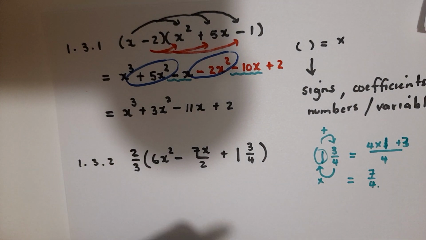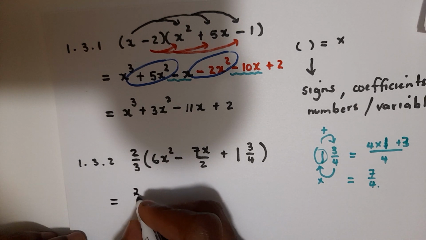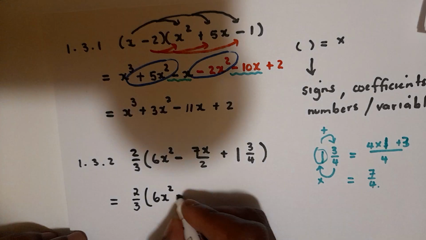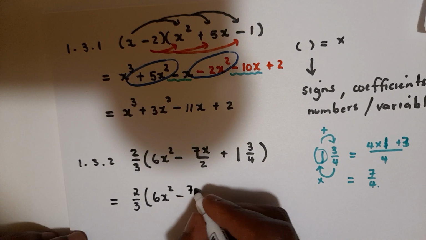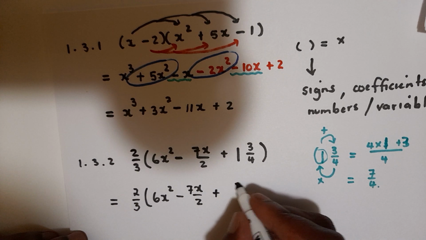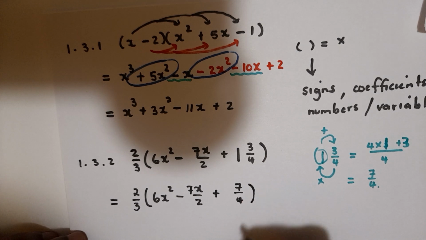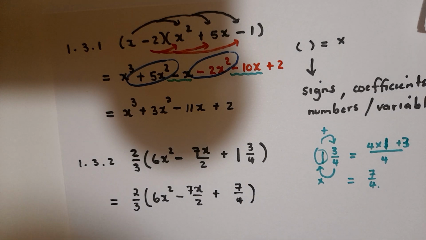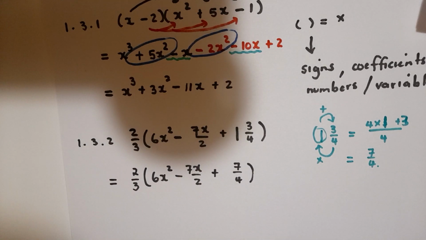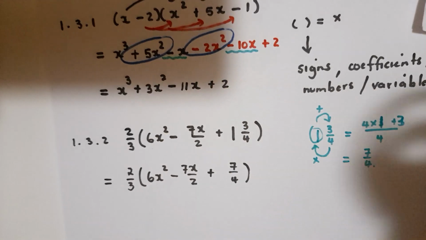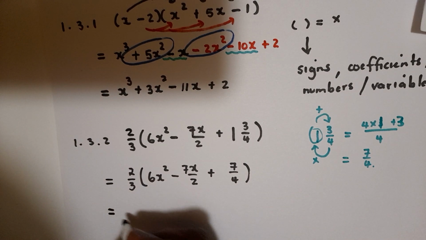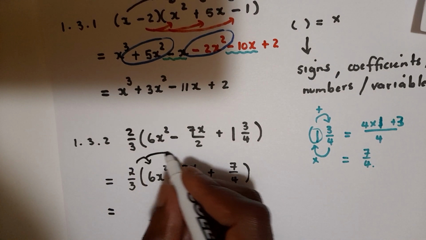So which means that this simplifies to 2/3 multiplied by 6x squared minus 7x by 2 plus 7 divided by 4. Right, ladies and gentlemen, while we are still there, let's simplify that. Right, so this will give us, again, we multiply everything.